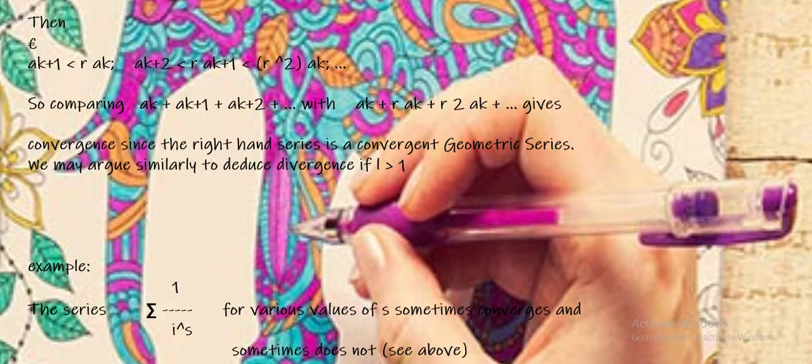So, comparing a_{k+1} plus a_{k+2} plus ... with a_k R plus a_k R squared plus ... gives convergence, since the right-hand series is a convergent geometric series. We may argue similarly to deduce divergence if L is greater than 1.